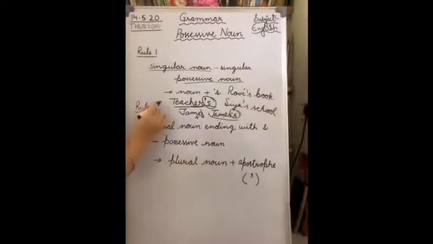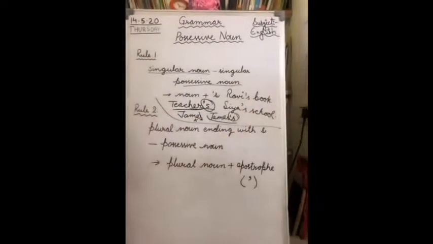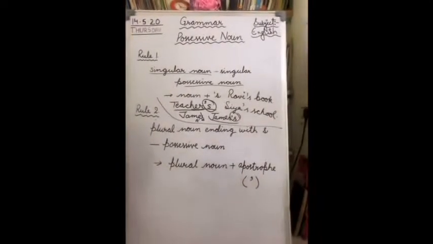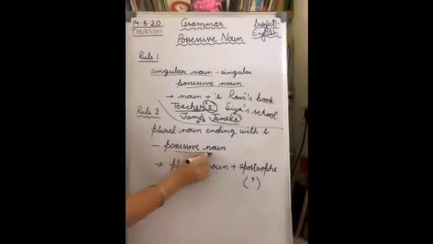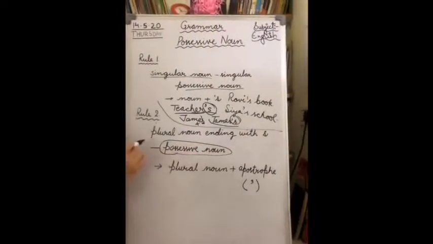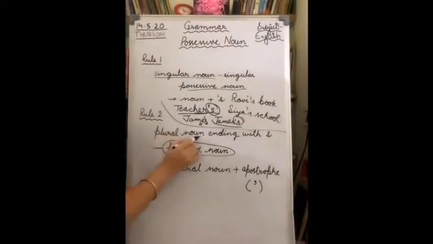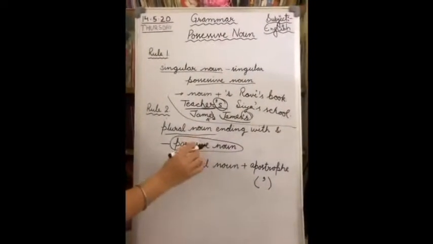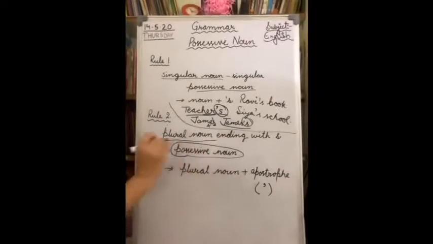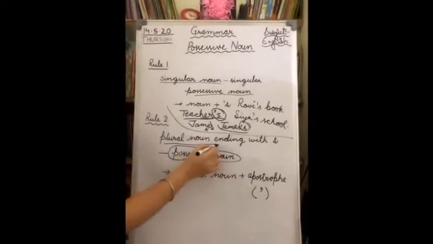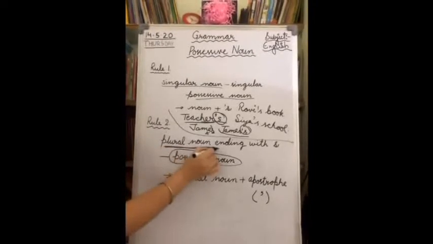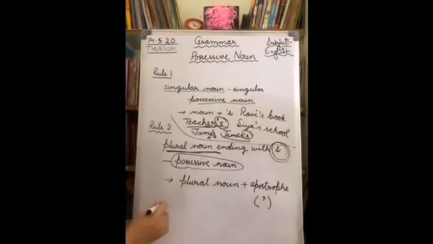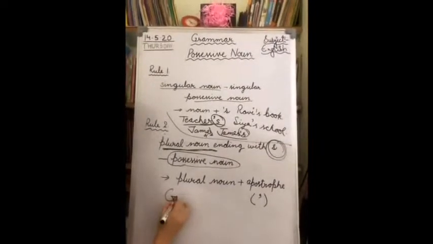Children, now rule number 2. What is rule number 2 of possessive noun? In this rule, to make a possessive noun, what we do? We add only apostrophe at the end of the word. But the thing is that plural noun should be already ending with the s only. Like if I give you an example, girls.